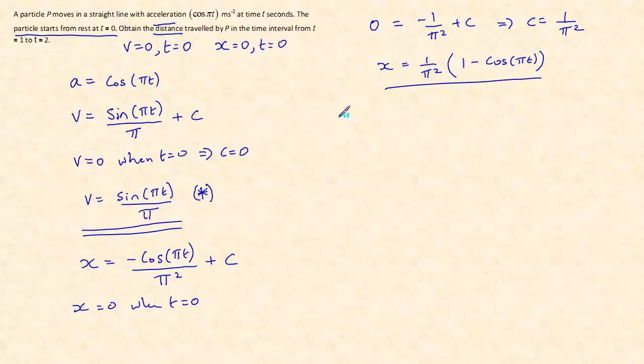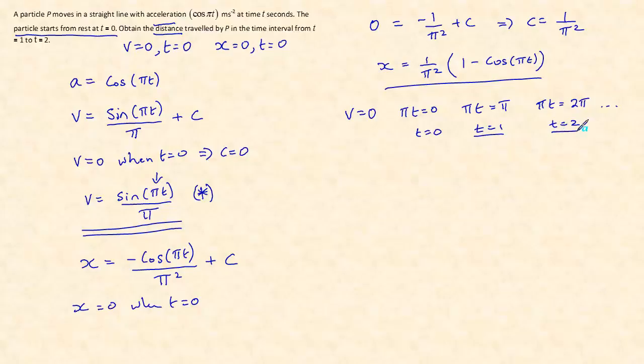Now let's think about where v is equal to 0, because that's when it will change direction. And that means that sine(pi t) has to be 0. So if we think about the argument here, pi t would need to be 0, or pi, or 2 pi, etc. So this would give me t is 0, t is 1, t is 2.